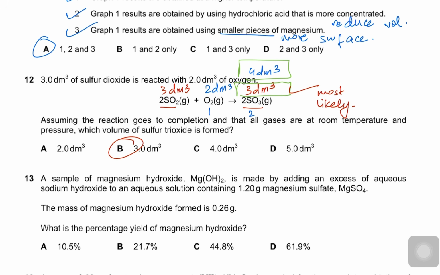A sample of magnesium hydroxide is made by adding an excess of aqueous sodium hydroxide to an aqueous solution containing 1.20 gram magnesium sulfate. The mass of magnesium hydroxide formed is 0.26 gram. What's the percentage yield? Now you can see 1 magnesium sulfate has 1 magnesium, right?